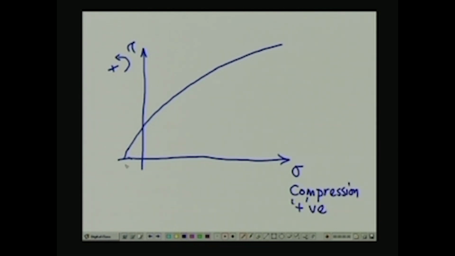So, what becomes clear is that this value is relatively much smaller compared to the range of compressive stress that a sample can withstand. This is the tensile strength of the specimen.